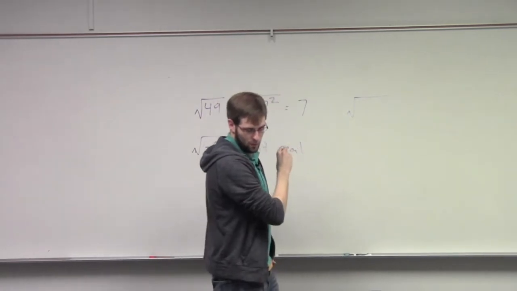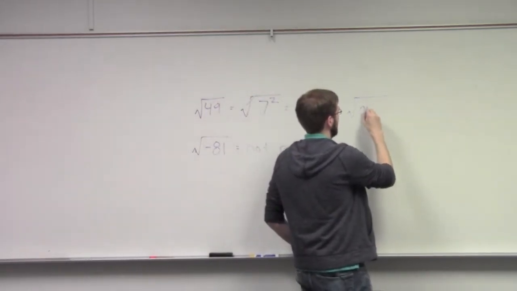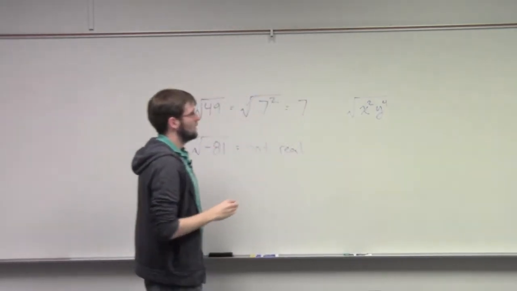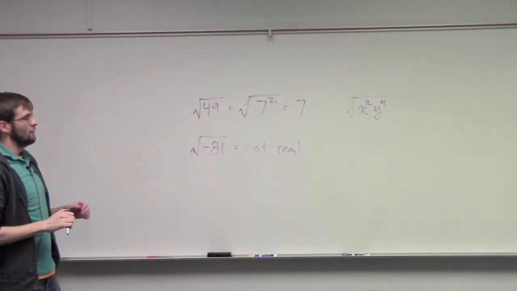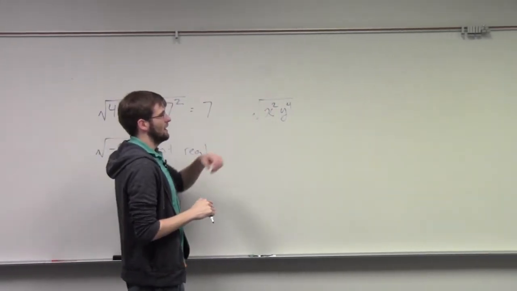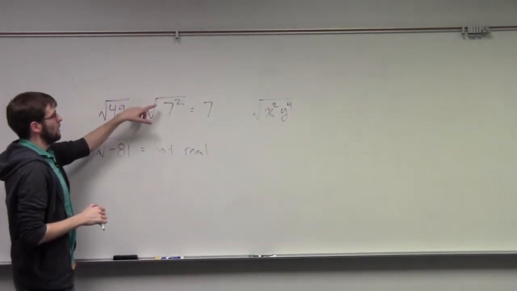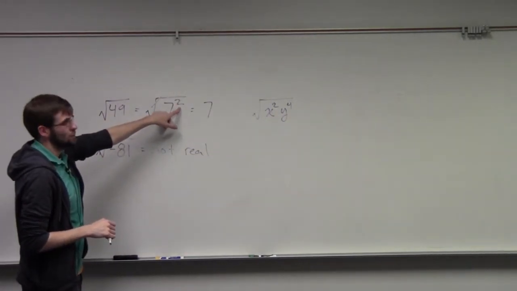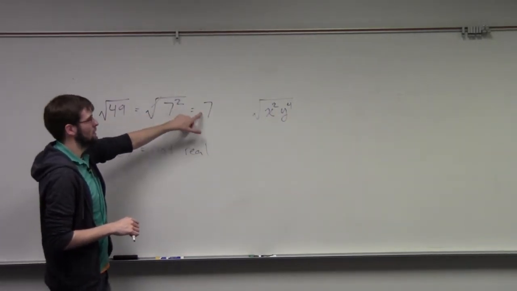Next we have the square root of x squared y to the 4th. So when you take the square roots of variables, all we're going to do is divide these exponents in half. So kind of like here where the square root and the square cancel, we could also say we divided this 2 in half, so it became a 1, so 7 to the 1 power.